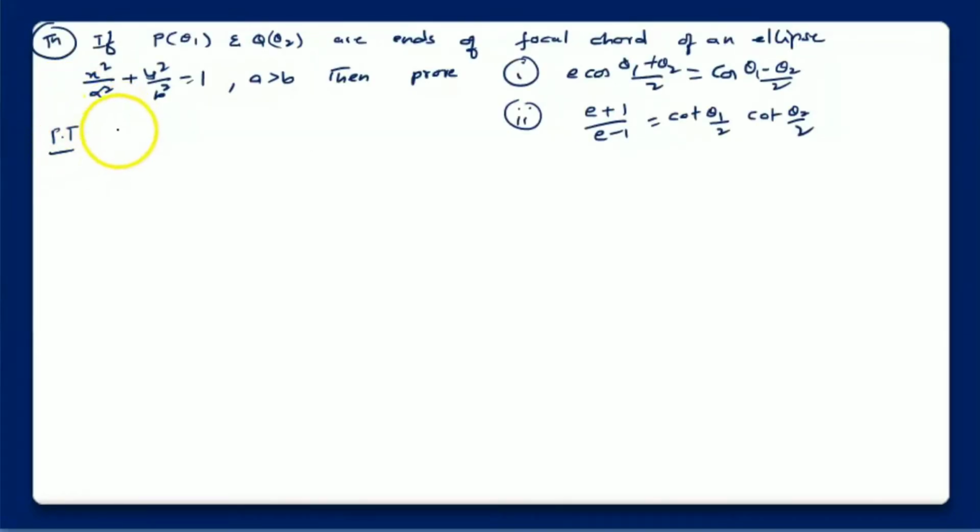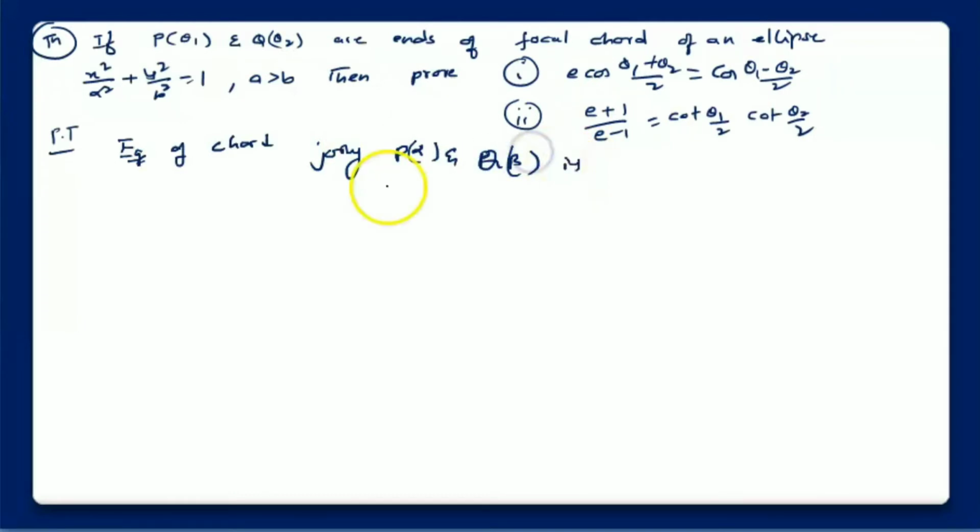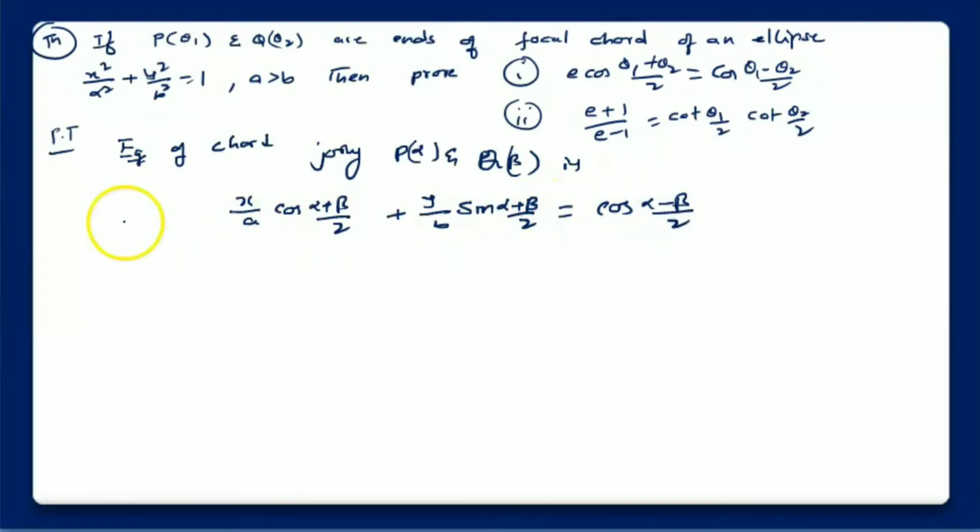Proof. According to the last theorem, if P alpha and Q beta are ends of a chord, the equation of the chord joining P alpha and Q beta is x by a cos of (alpha plus beta) by 2 and y by b sin of (alpha plus beta) by 2 is equal to cos of (alpha minus beta) by 2.